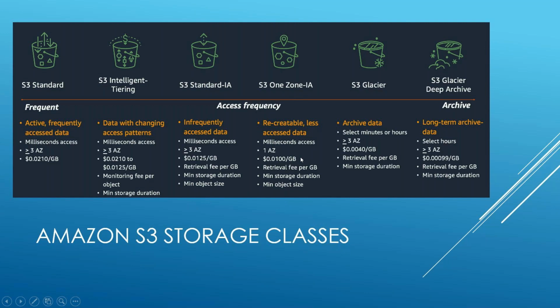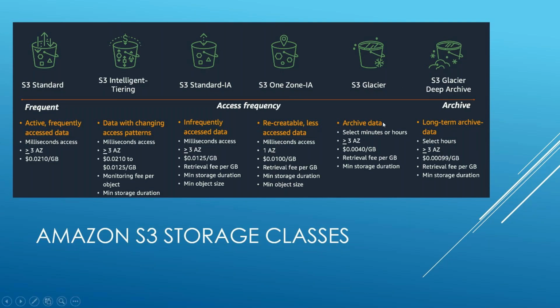It stores data in a single AZ, a single availability zone, that you need to remember. And it is less durable as the object is stored in a single location. The same here, it also charges a retrieval fee per GB. This is the other type of class.